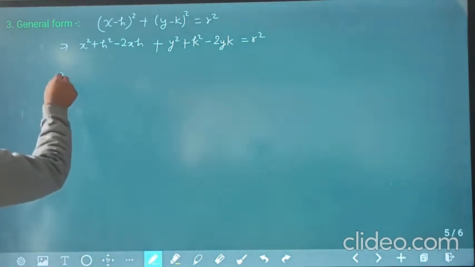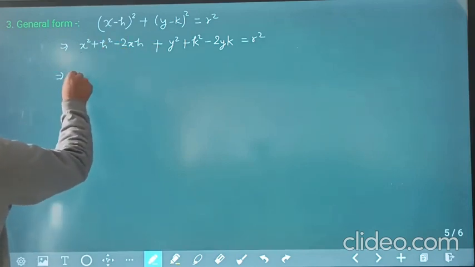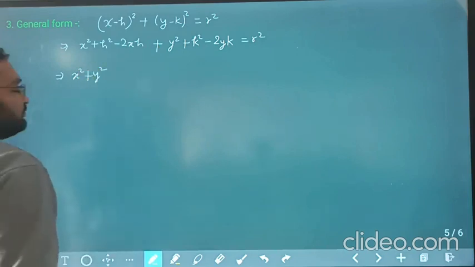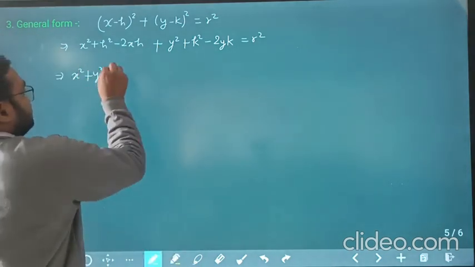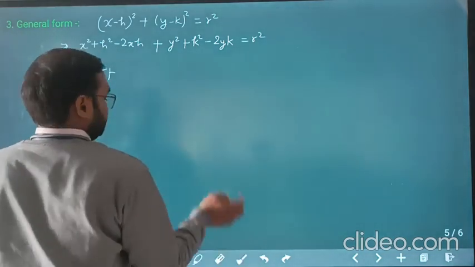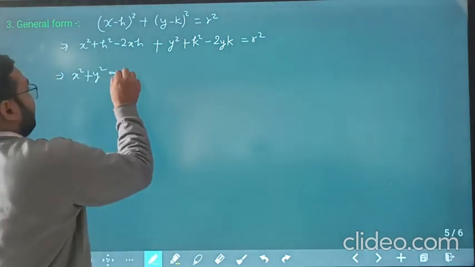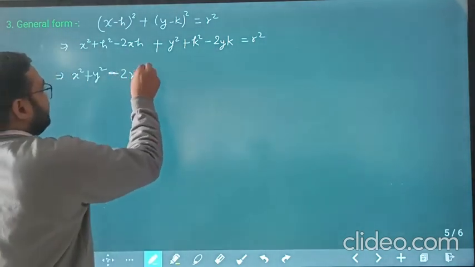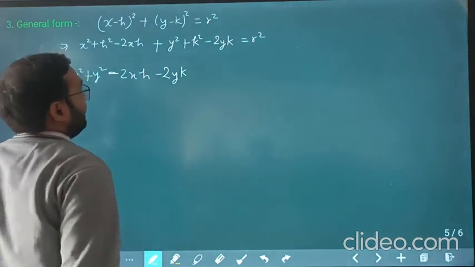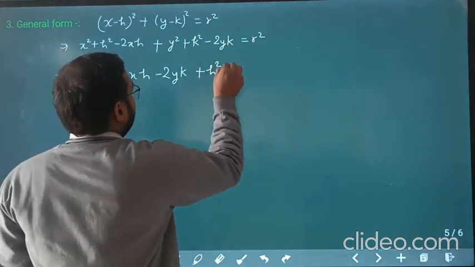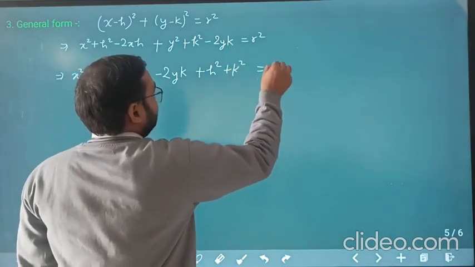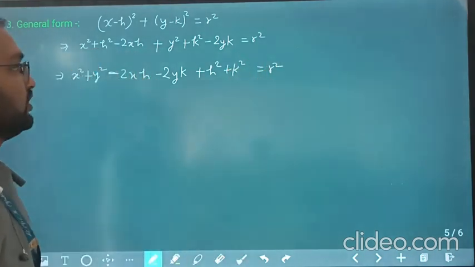Considering x and y are variables, we will consider them together: x square plus y square minus 2xh minus 2yk plus h square plus k square is equal to r square.